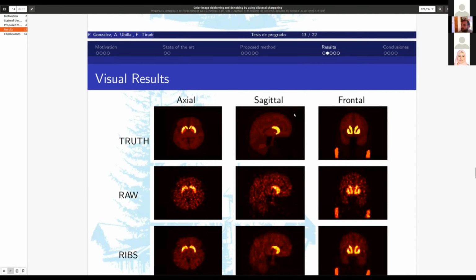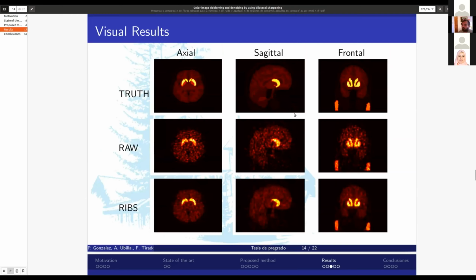Okay, the results. Here I will show the results in the axial, sagittal, and frontal groups of one frame of the real image, and the truth is obtained with a phantom, and then we produce a realistic simulation, and this is the real image that we start with, and this is the result of the reefs.